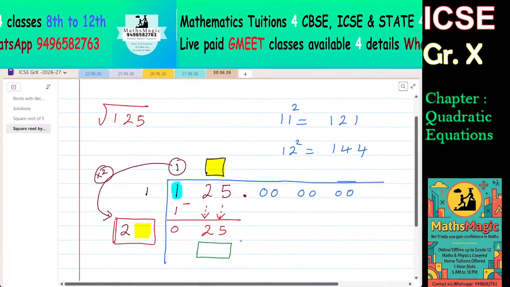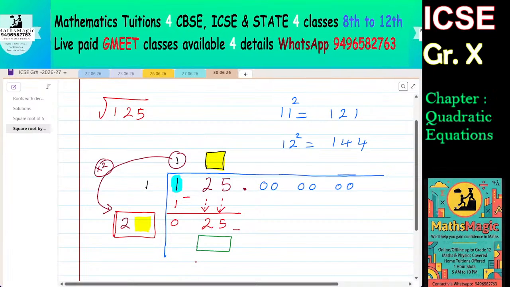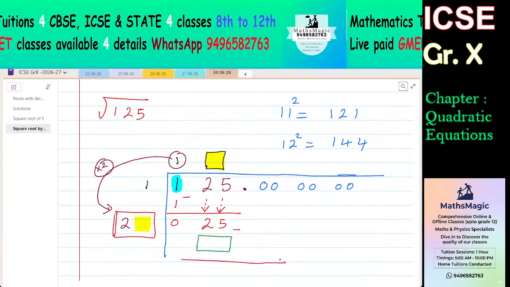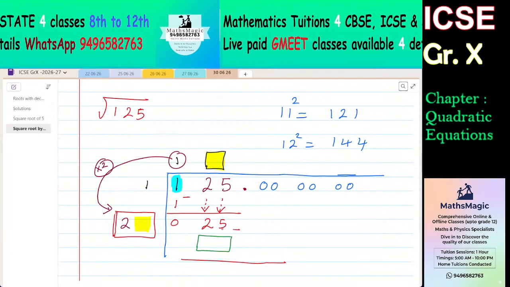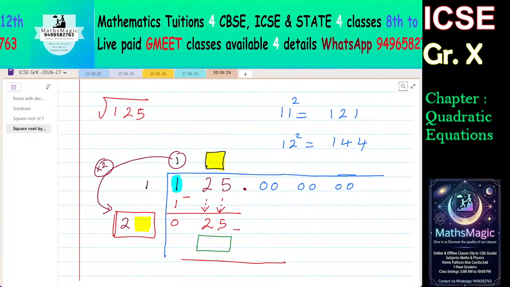Then you need to subtract it as before. So your condition will be to get a number that is very close to this 25 but not greater than it.